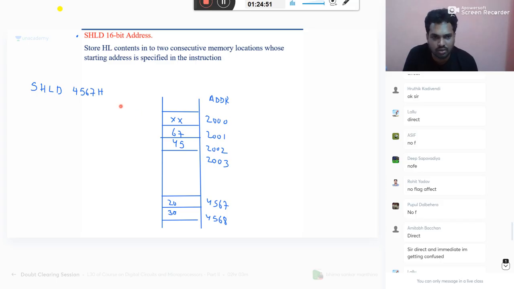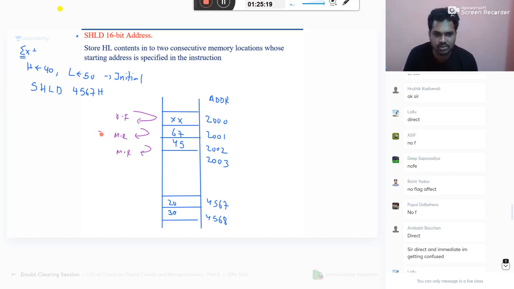Okay, so the computer's HL. Assume H is having 40 and L is having 50, initially. Let's take this example. First the computer will do opcode fetch, memory read, and again memory read.